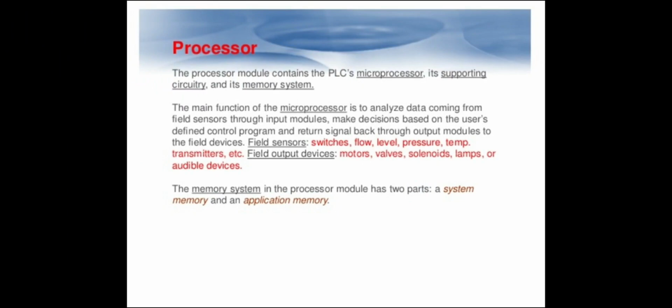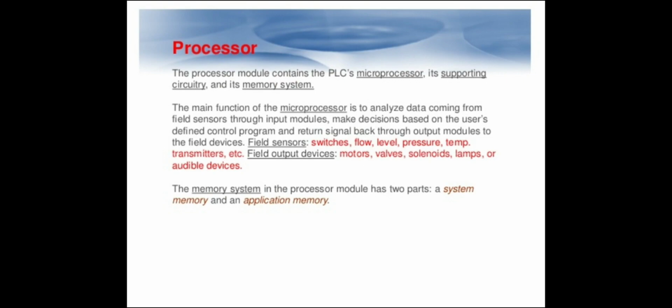Then the processor module contains the PLC's microprocessor, its supporting circuitry and its memory system. The main function of the microprocessor is to analyze the data coming from field sensors through input modules, make decisions based on the user-defined control program, and return signals back through output modules to field devices.